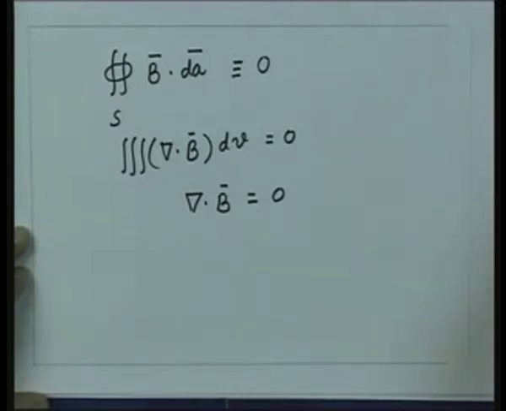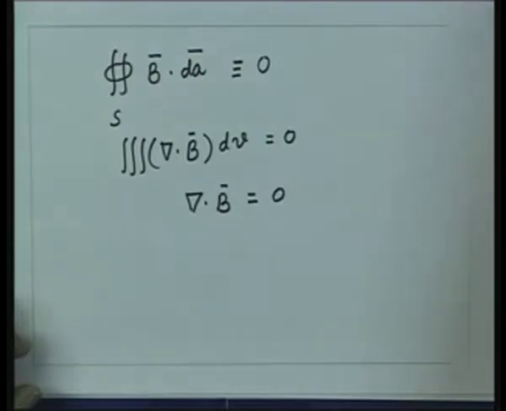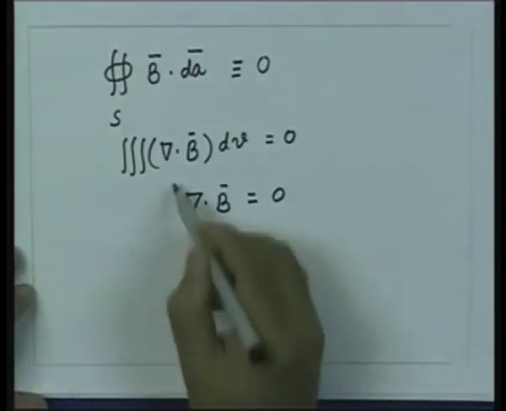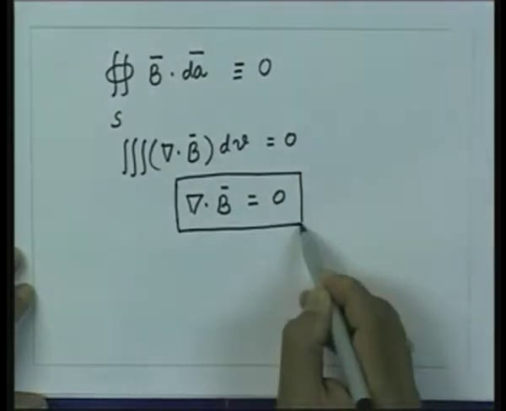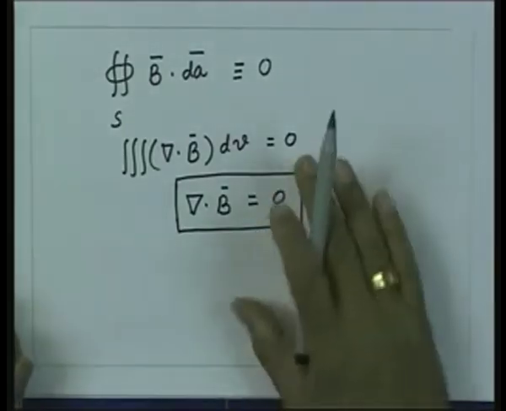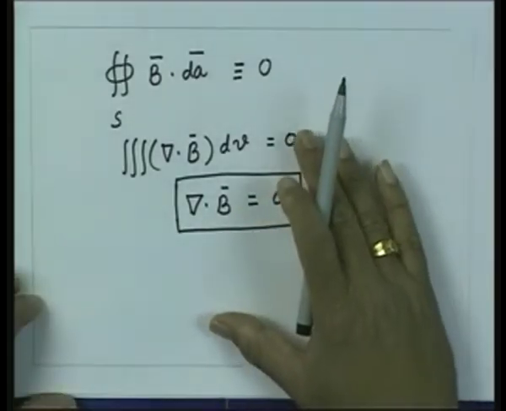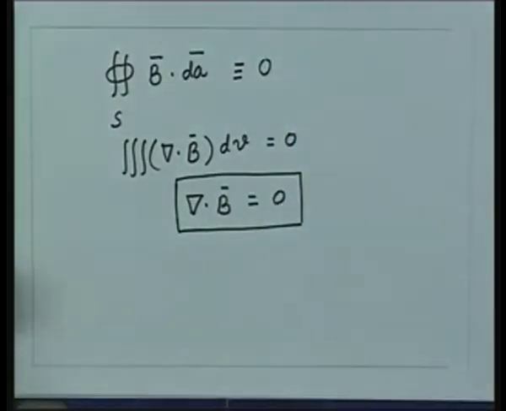So, the Gauss law, when applied to the electric charges, gives del dot D equal to rho, whereas if you apply that to the magnetic charges, we get del dot B identically equal to 0, because there are no free magnetic monopoles possible in practice.